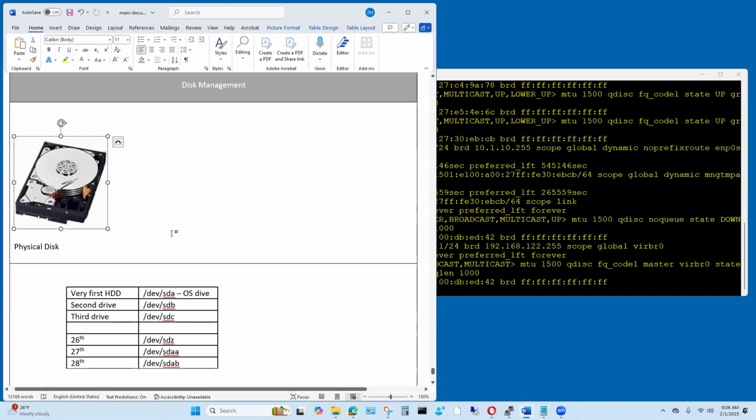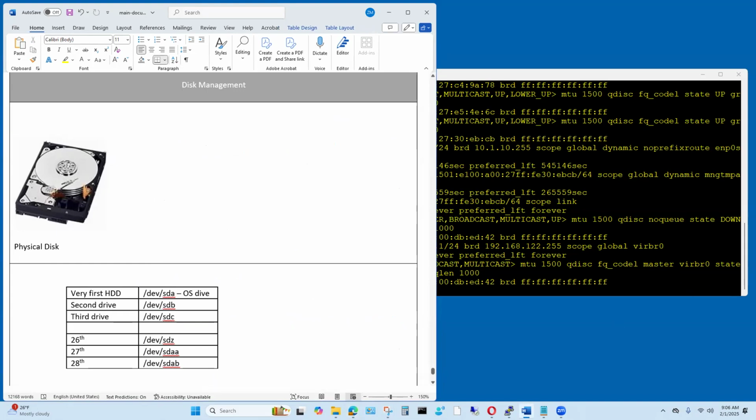So this is a physical disk, and in the server, the disk which is being used is called SCSI. It stands for Small Computer System Interface.